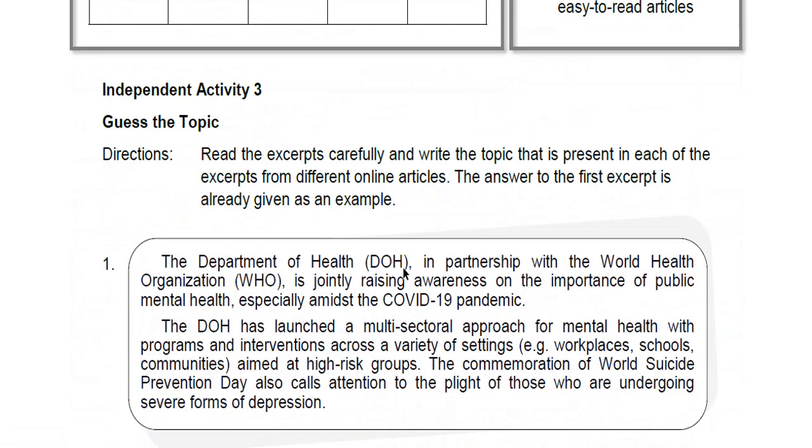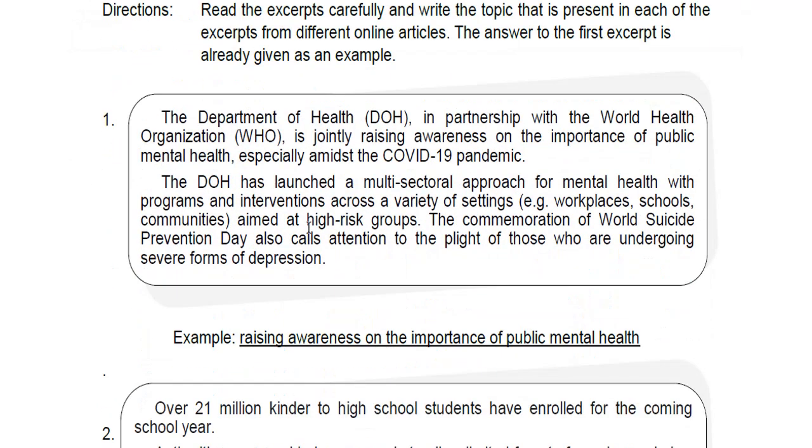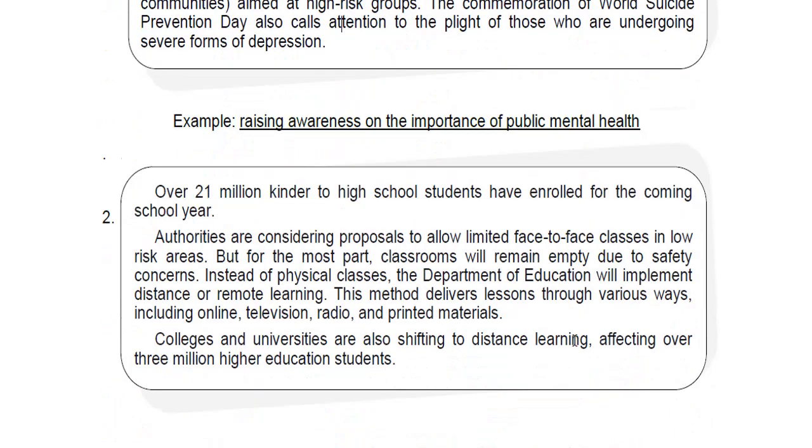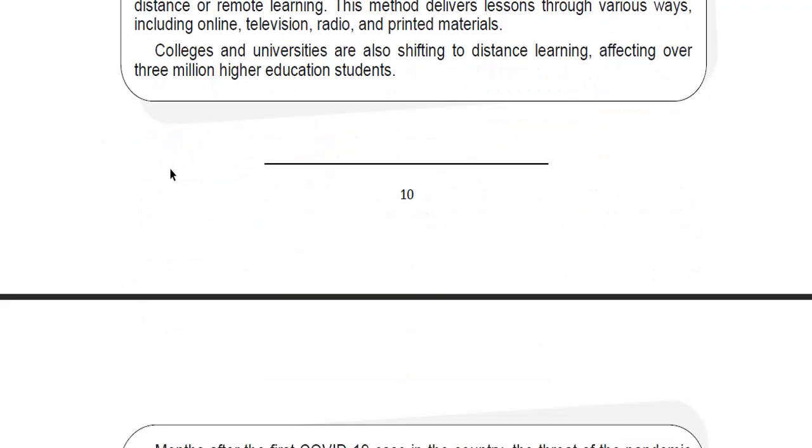And independent activity 3, we have here a selection, a paragraph, or an excerpt from an online article. All you need to do is to write what the topic is all about. We have here an example. What is this paragraph all about? This is the answer. So try to read and analyze.